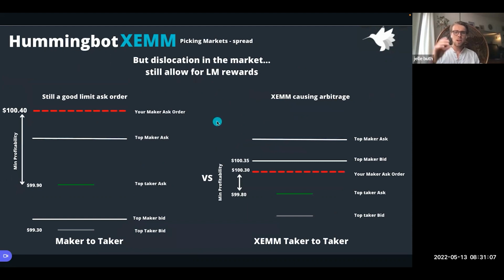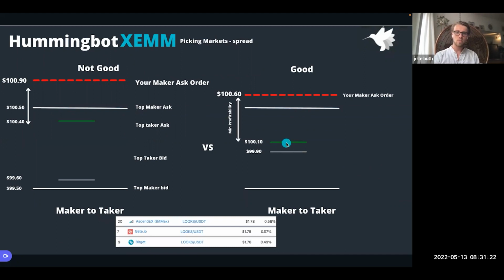But there's something that I've also observed with some pairs, and I've tested it out a couple times. Sometimes it's okay to have a taker exchange with also a decently wide spread, because in previous situations we've always showed the taker spread to be centered within the maker spread, like right here, right in the middle.